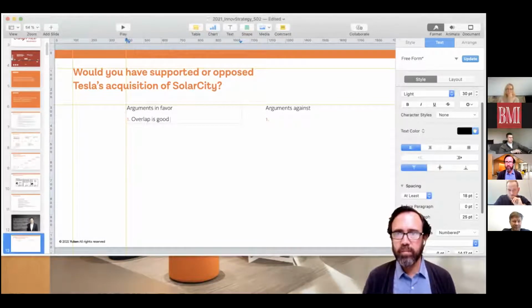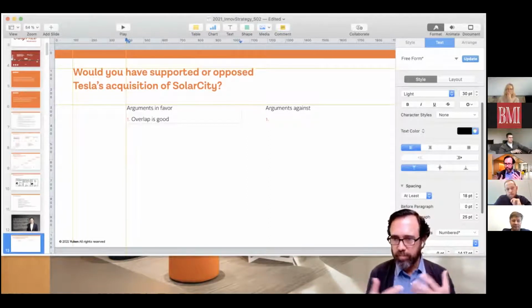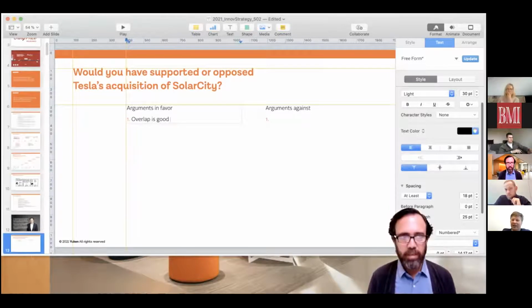So you think that maybe you have an overlap in some customer base that would allow you to manage this in better ways, something like that? Overlap I don't like personally. For me, it's the focus of Elon Musk.